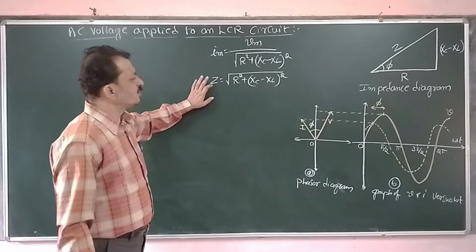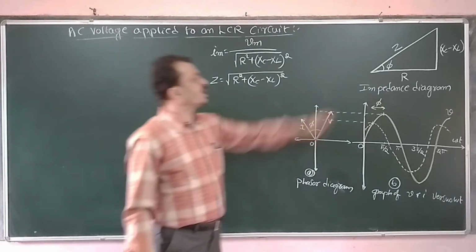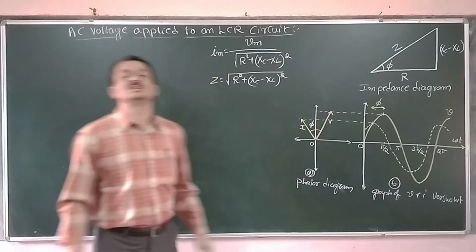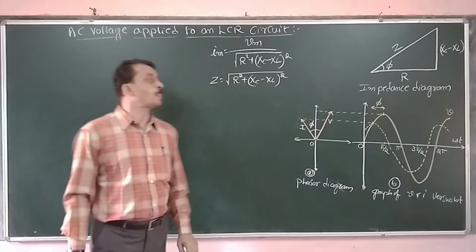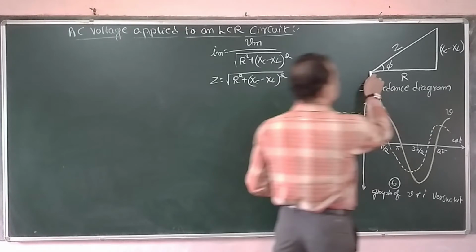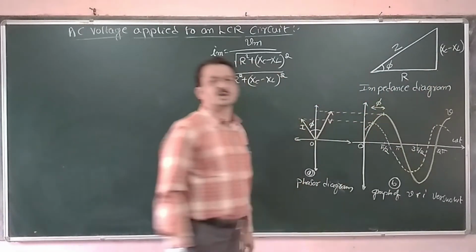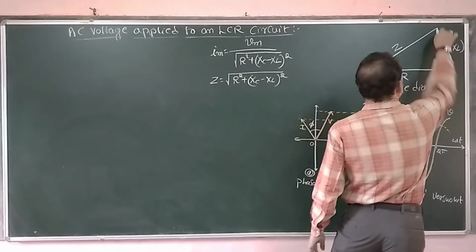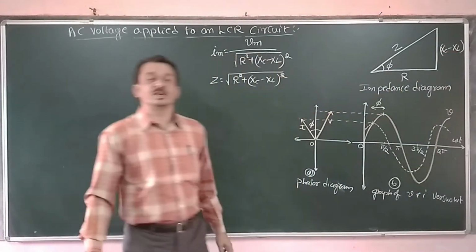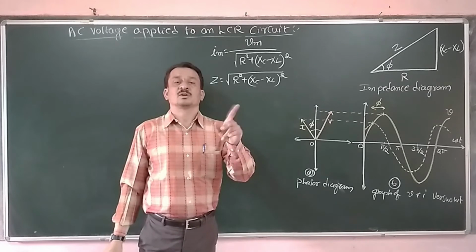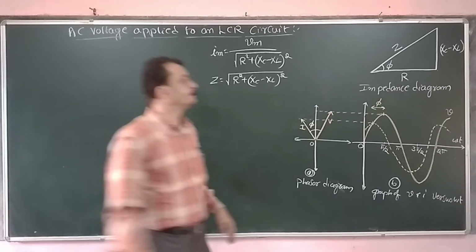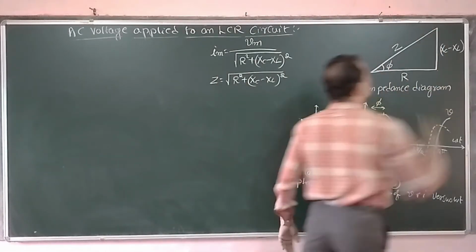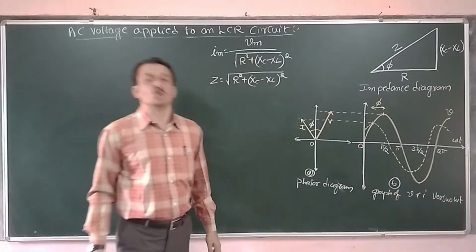Now with the phasor diagram we can also draw the impedance diagram. Along this direction we have taken the voltage across the resistor, and along this direction the net voltage across both L and C, and this represents the total voltage, that is the applied voltage.